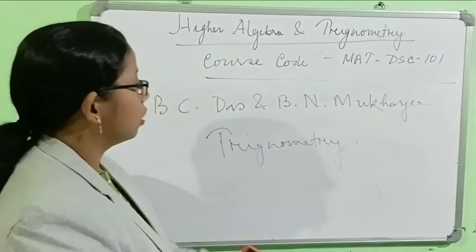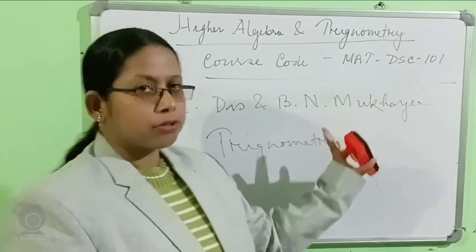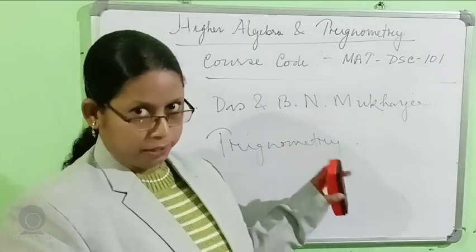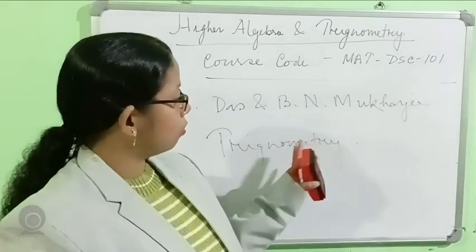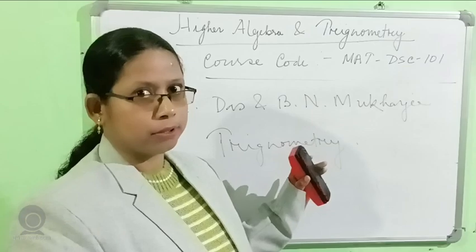So you should follow this one. This book is also not available with me. I brought this from our library and returned it. So you can collect and study this one.